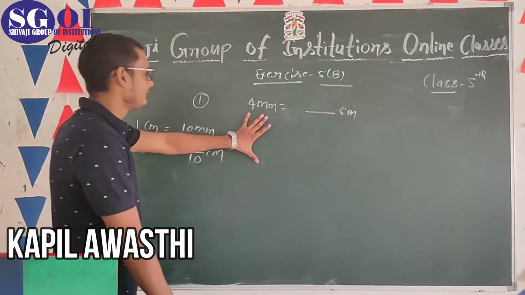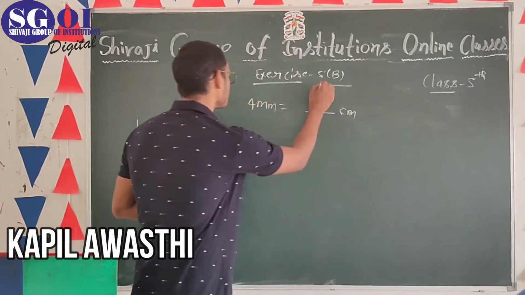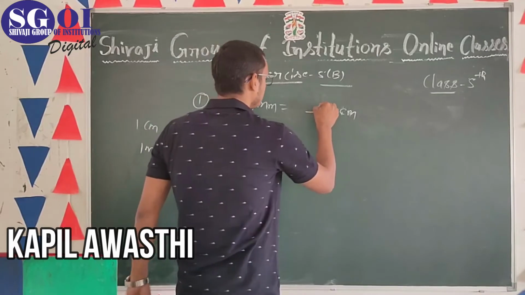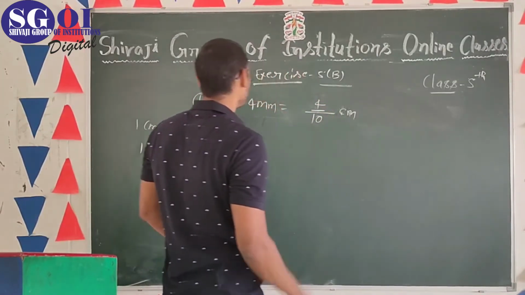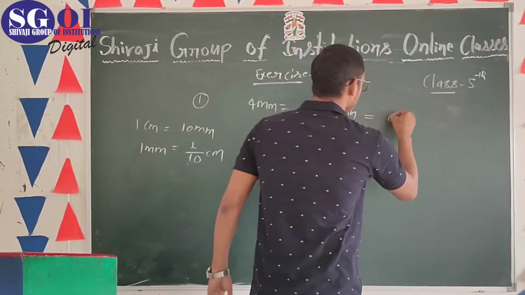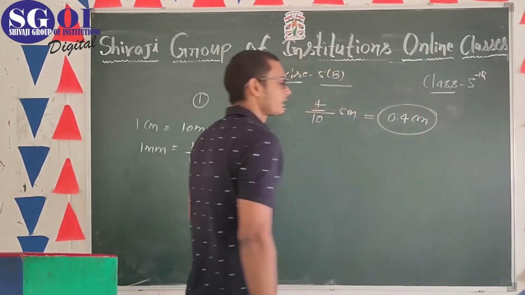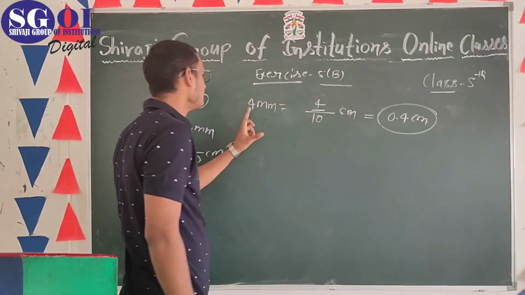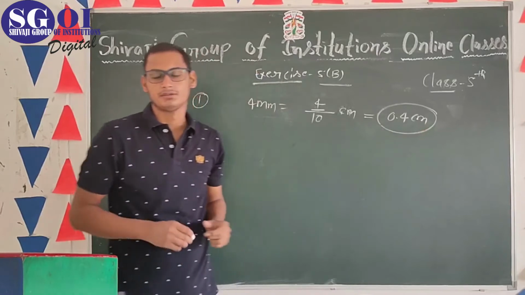When we change millimeter into centimeter, we divide by 10. 4 upon 10 centimeter is equal to 0.4 centimeter. The right answer is 0.4 centimeter.